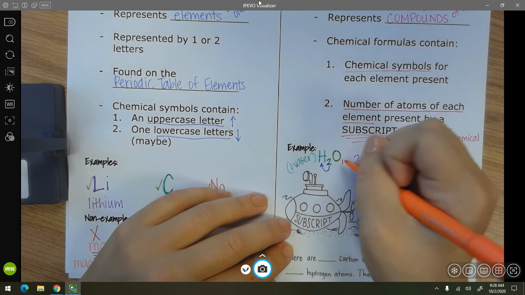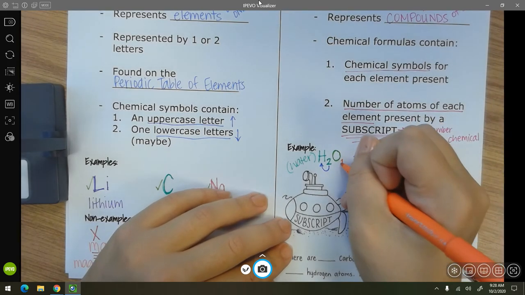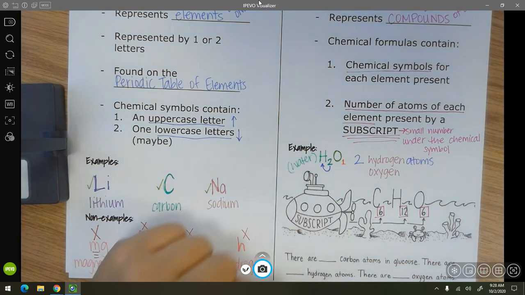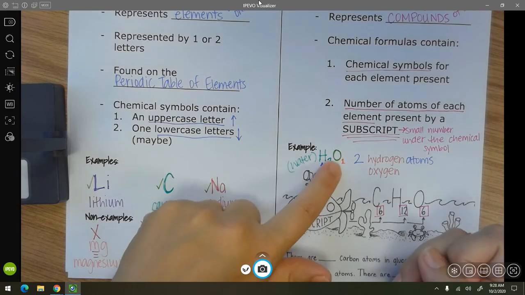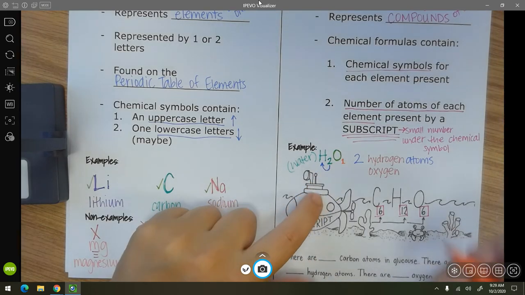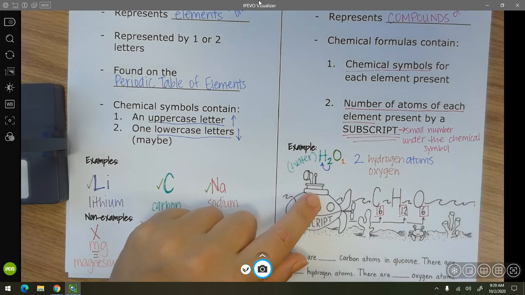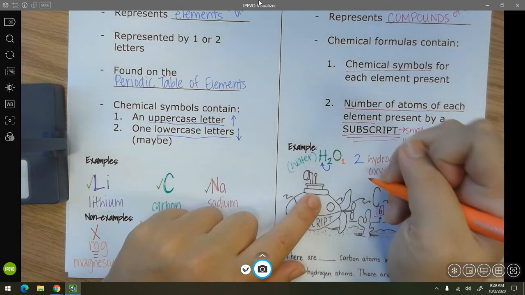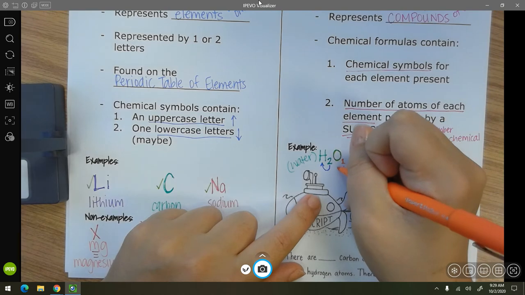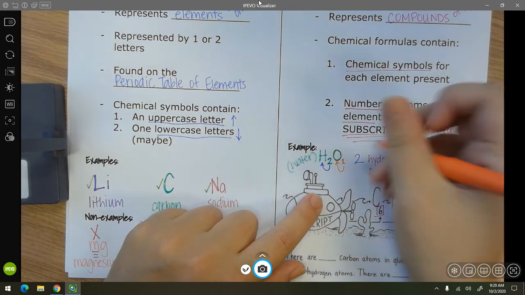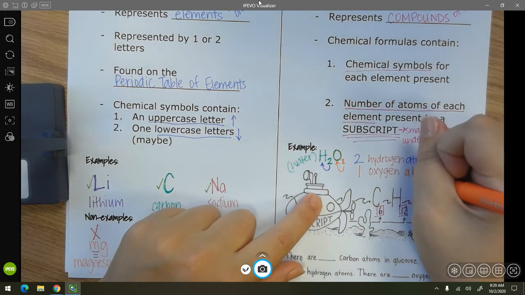So a little invisible 1, let's make that look like a 1 and not an L or something. But that 1, which is invisible, because you don't want to have to keep writing over and over and over again that 1 when you know if it's not on there, there's only 1 of it. That goes with the oxygen. Okay, so there's 1 oxygen atom.